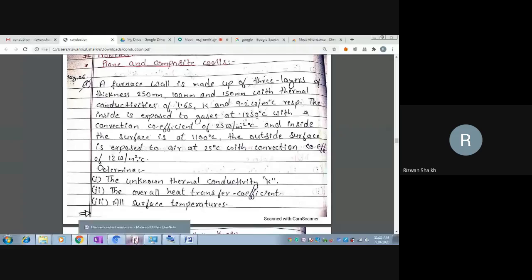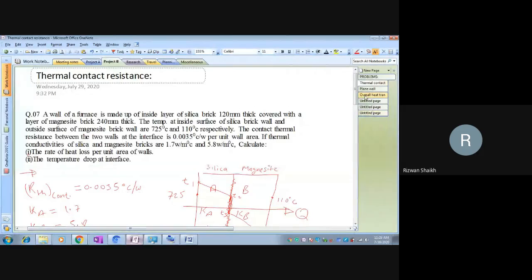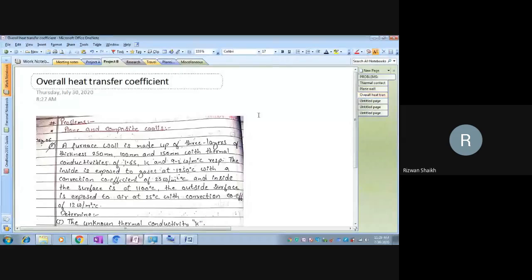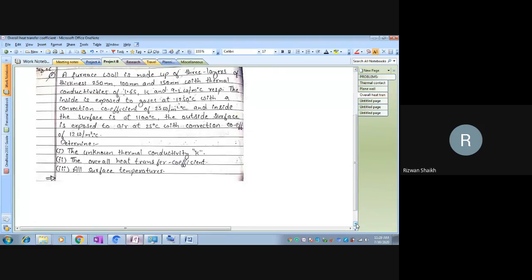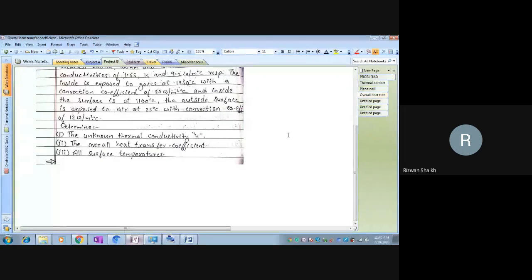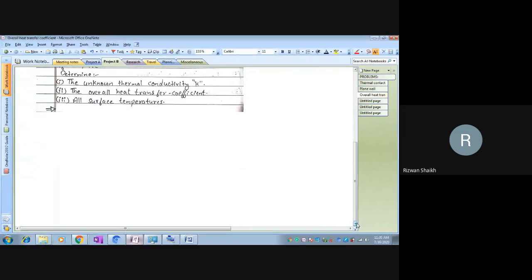If I consider the notes on the overall heat transfer coefficient problem, the same problem I have taken here: a furnace wall made of three layers and so on. In the meantime, you can read this problem and I will be drawing the diagram for you. I can draw it here, but it will take time, so we'll draw it at the bottom. Three layers are there, that we have understood. So I am considering the three layers and drawing the diagram.